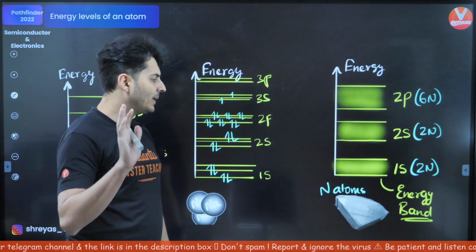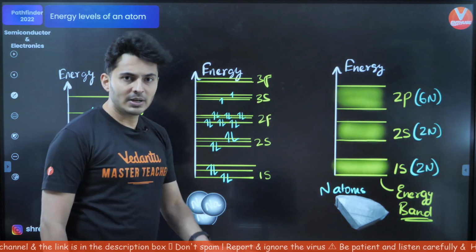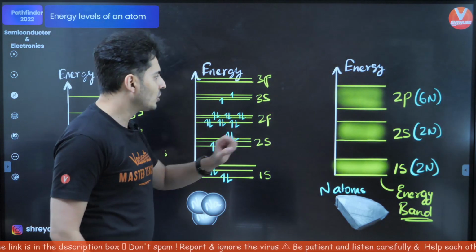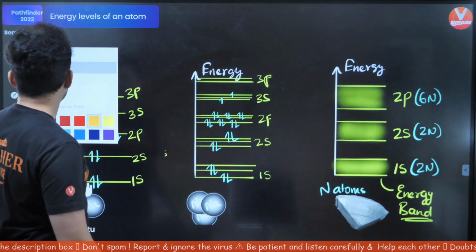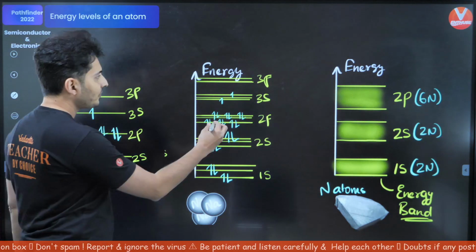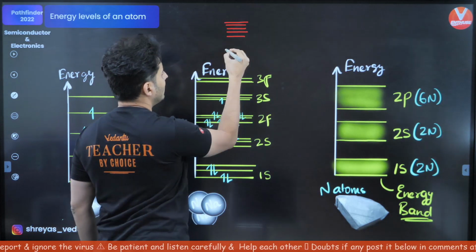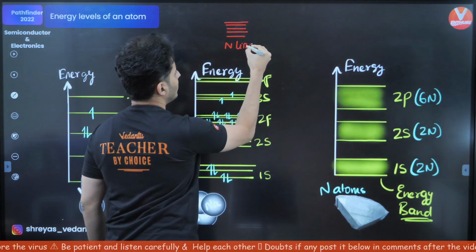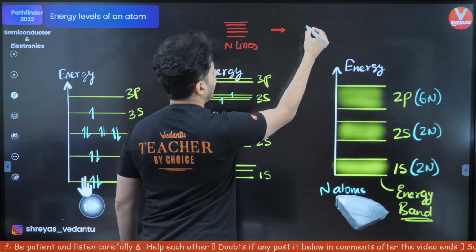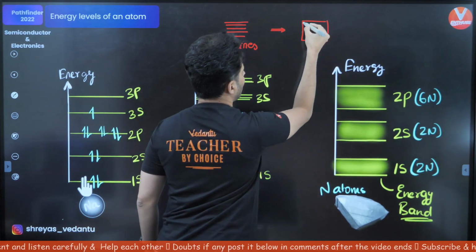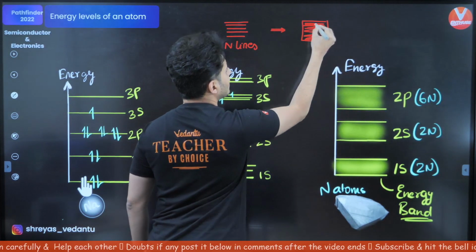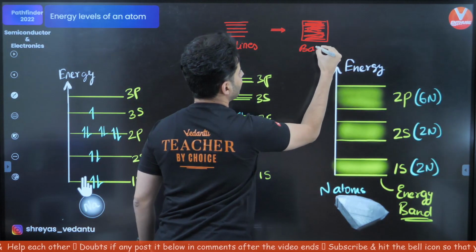Everybody clear what a band means? Everybody understanding this point? So a band is nothing but n number of lines together, I can just call it a band. This is just shown like this, you can just shade it. This is a band of energy.